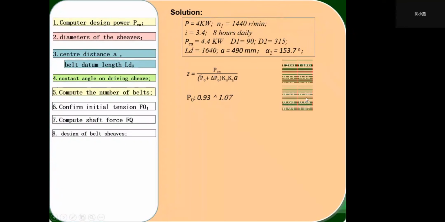P0 is within this range, and we load the P0 under this speed and this range.